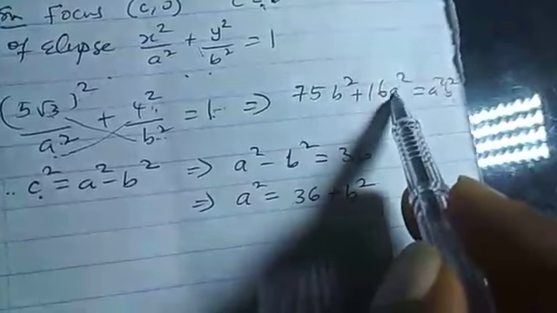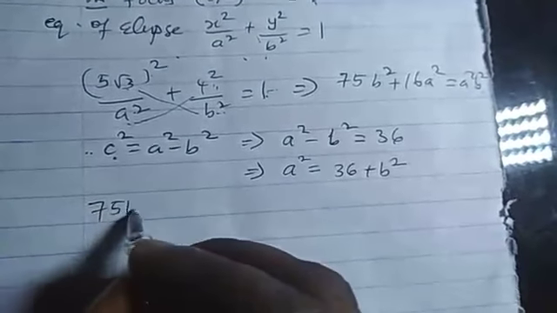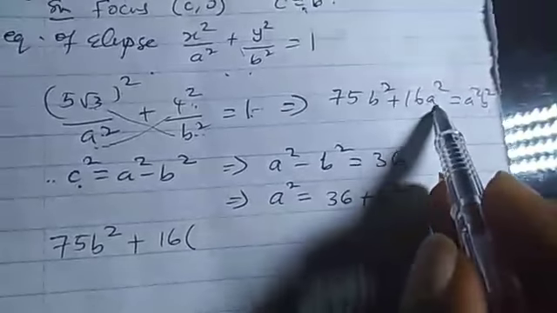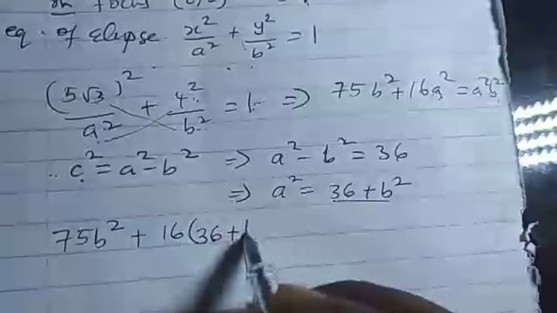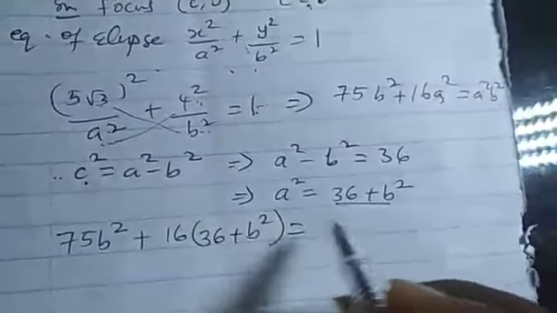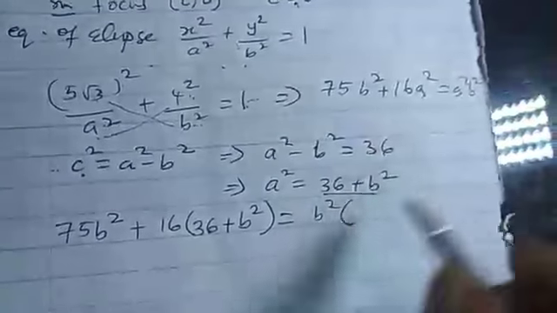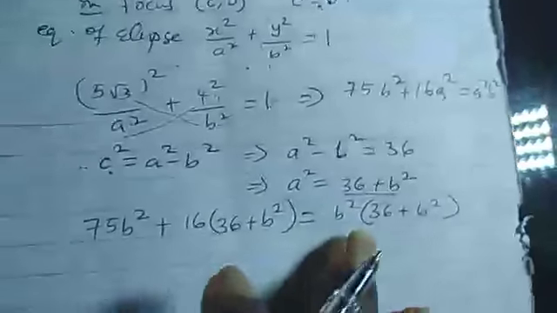If you make a square the subject of the formula, it will be 36 plus b square. So let's substitute a square here, so that we have 75b square plus 16 into our a square, which is now this 36 plus b square, equal to b square into our a square, which represents 36 plus b square.